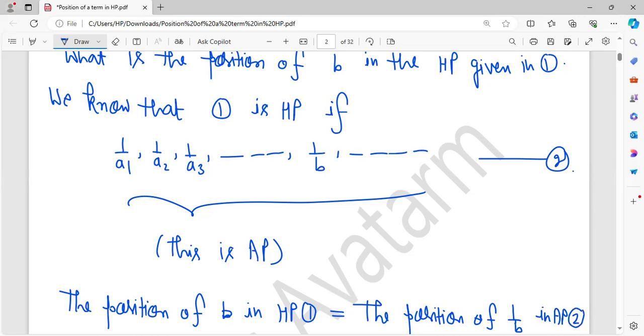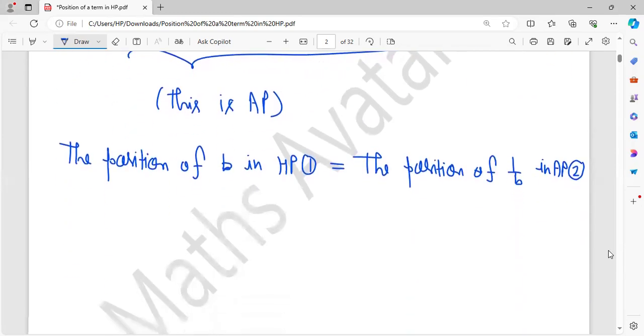Okay. So finding the position of a term in HP is equivalent to finding the position of its inverse in the corresponding AP. Okay. And we know how to find a position of a term in AP.